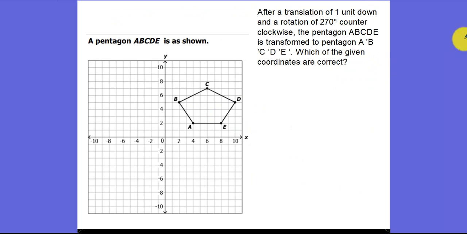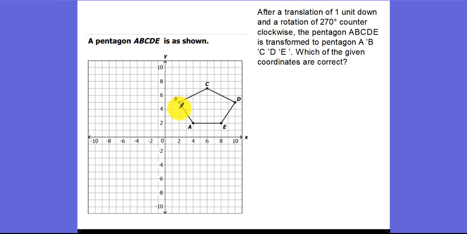Alright, we have a pentagon ABCDE. Now it says here that after a translation of 1 unit down and a rotation of 270 counterclockwise, the pentagon ABCDE is transformed to pentagon A prime, B prime, C prime, D prime, E prime. Identify the correct coordinates. Alright, so we have to identify all the 5 vertices. Okay, 1 unit down means I have to move this 1 unit downwards.